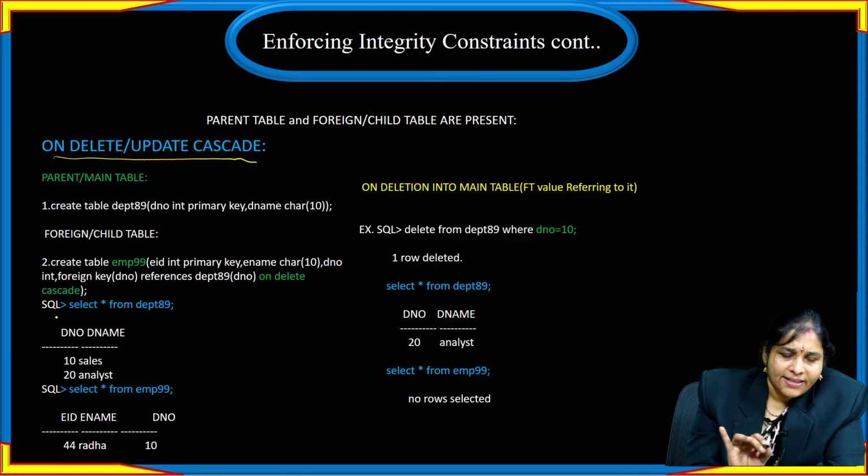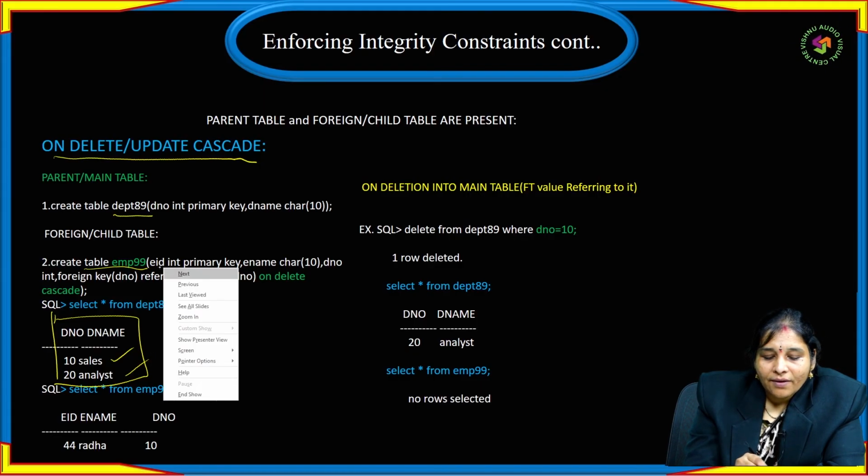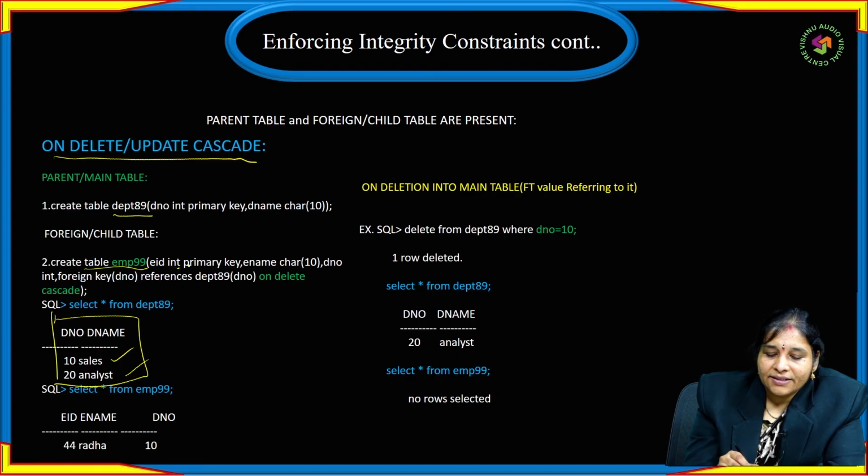Same example I'll consider, same tables. I have created department 89 with two fields, D number and D name, and I have inserted two values, 10 sales and 20 analyst. And also I have created one foreign table, employee 89 with EID integer primary key, employee name character, D number integer foreign key references department 89.